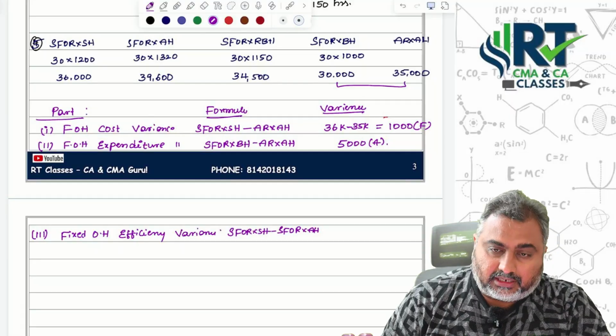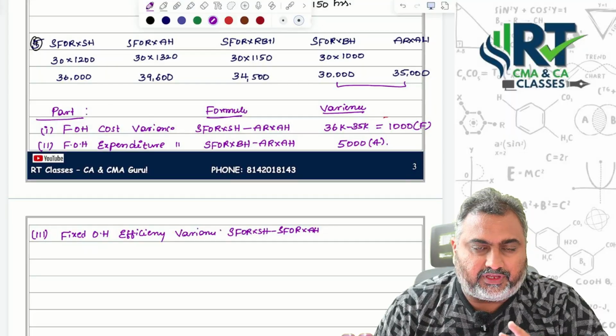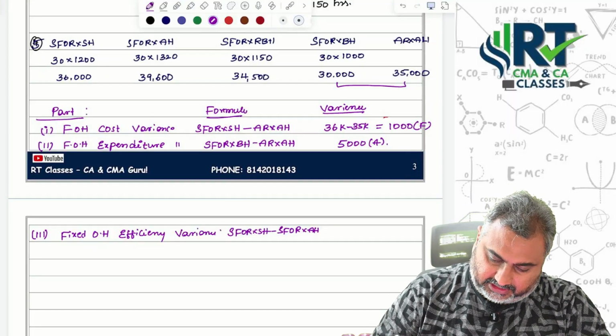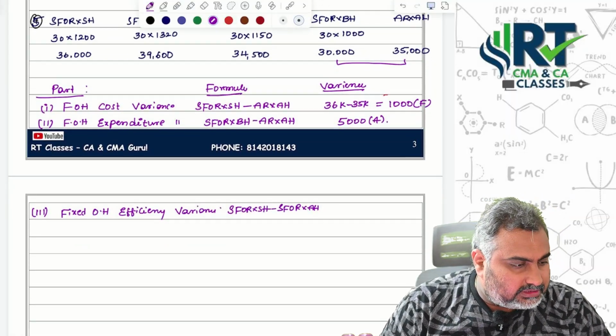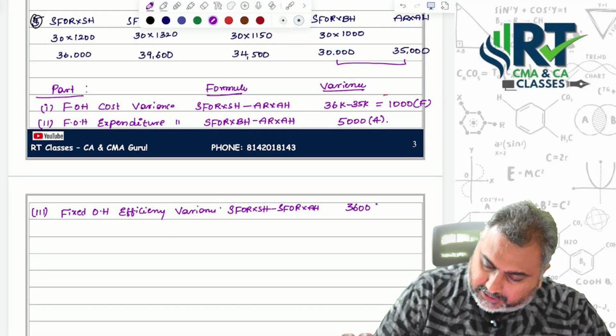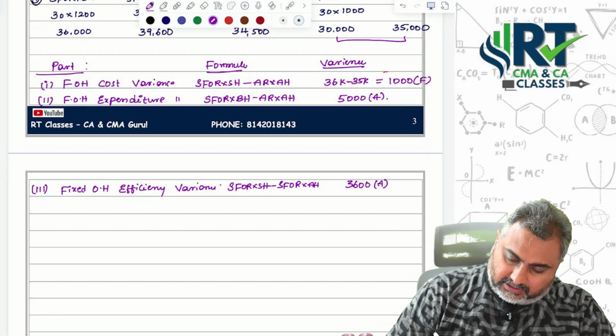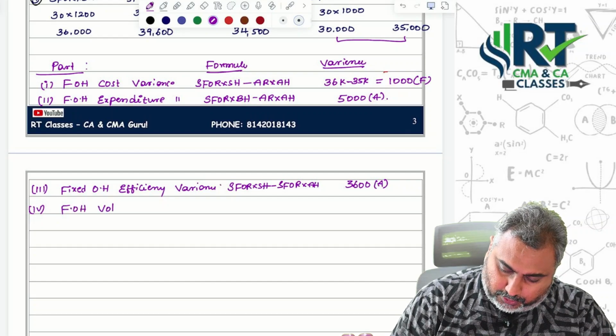What is common? Rate is common. What is different? Hours, from the hours point of view. That's the reason we are calling it efficiency. What is the difference? 36,000 minus 39,600. That is equal to 3,600 adverse.